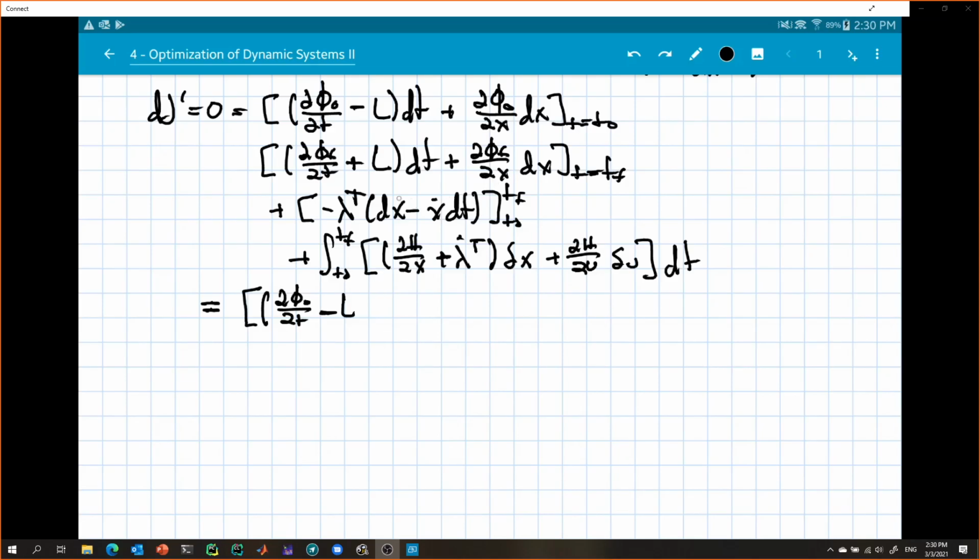So this is minus, minus is a plus, but it's the t naught component, so it's a minus. That's all multiplied by dt. And then we have the same here as we had before. But now we're going to add this component here. It's minus, minus is a plus.